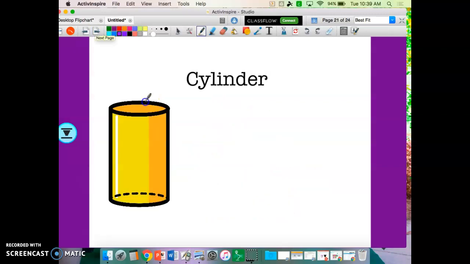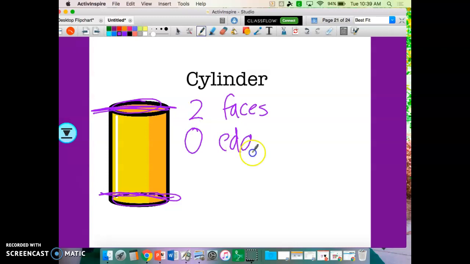My cylinder has a face up here and a face down there, making it have 2 faces. Now, one thing the kids and I talked about is, yes, this has 2 faces, but this face is up here and this face is down here. Do they meet? No. So it's still going to have 0 edges, which means it has 0 vertices.